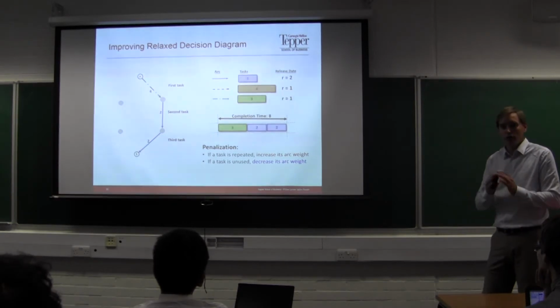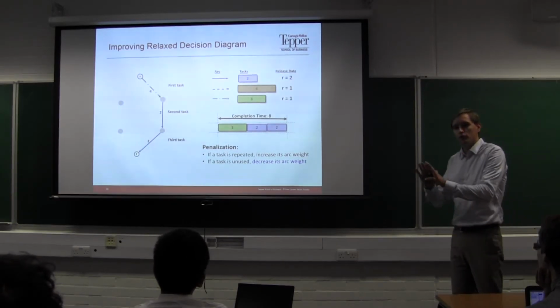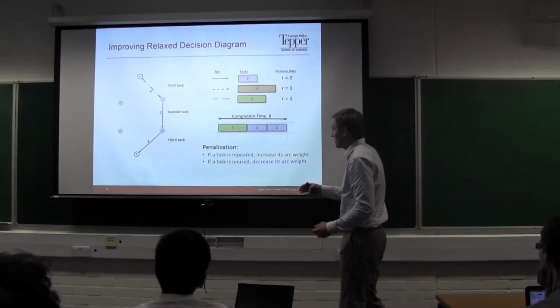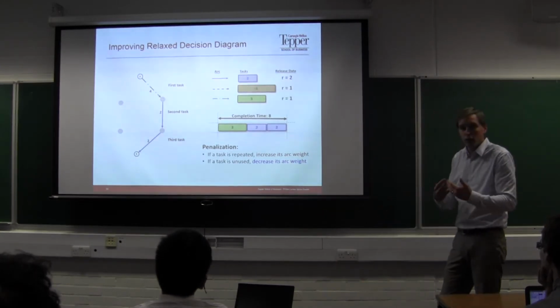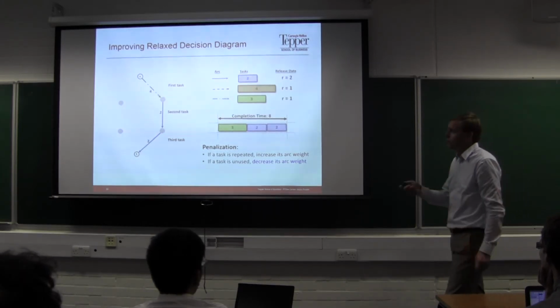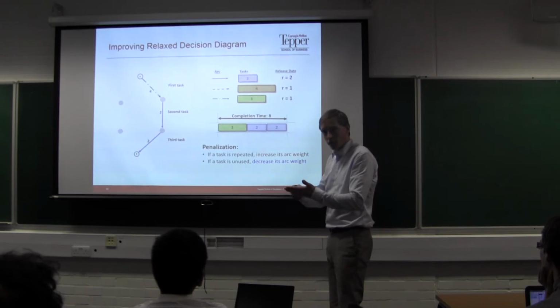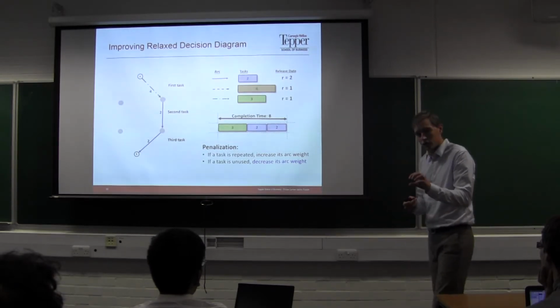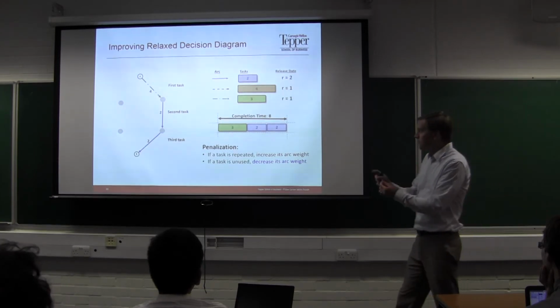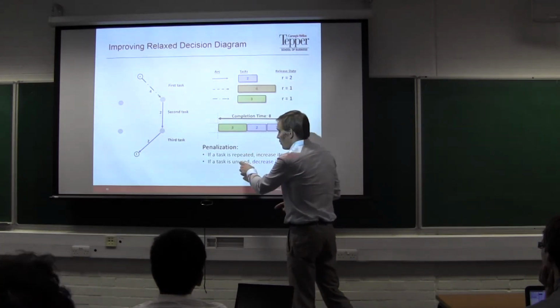That means that I'm going to try to divert the solution from taking that task too often. If a task is unused, I'm going to decrease its weight because it's going to be more appealing. So the arc cost in the Lagrangian update is going to be the current cost plus a step size multiplied by how often it is repeated or unused.